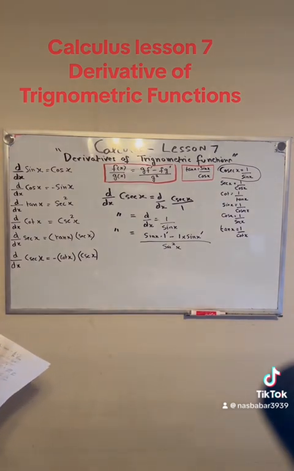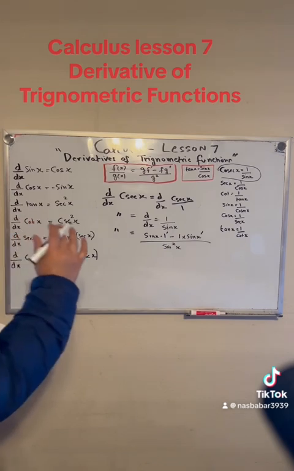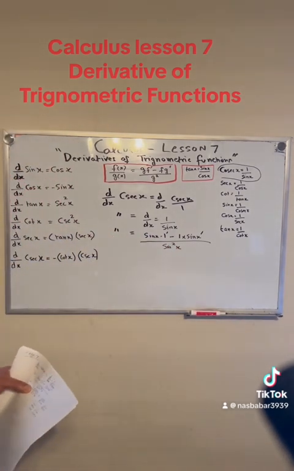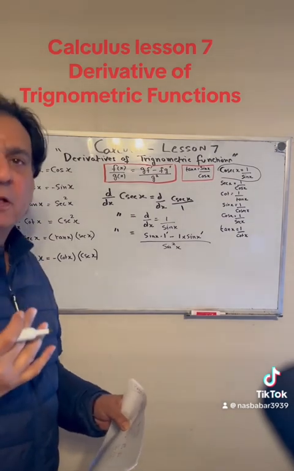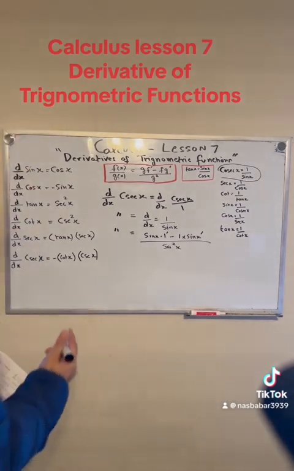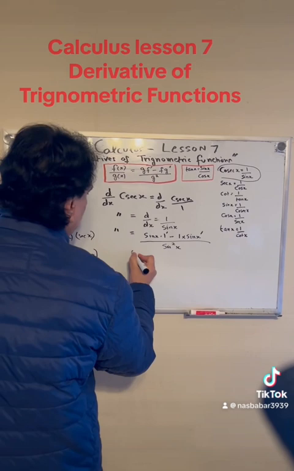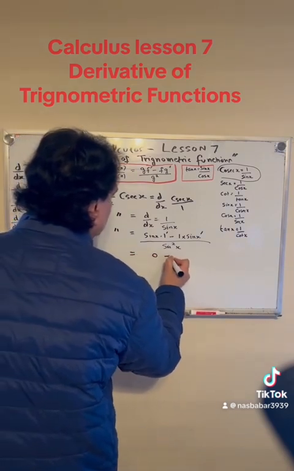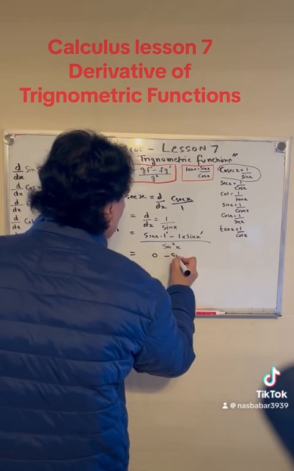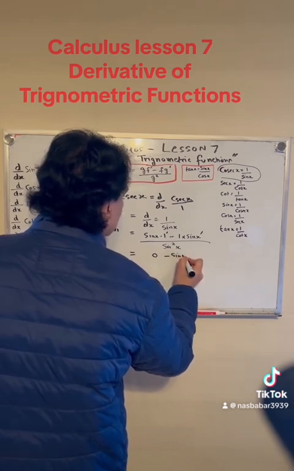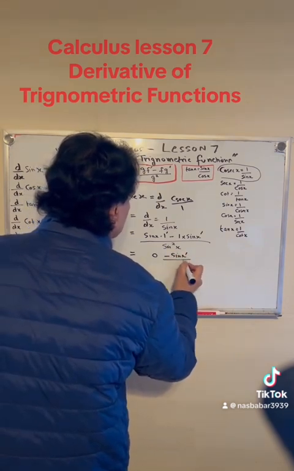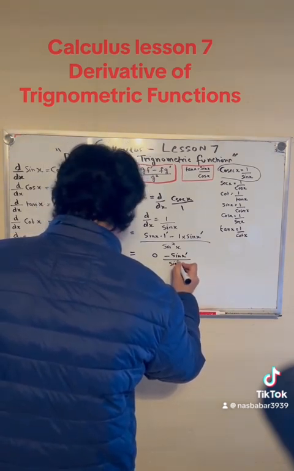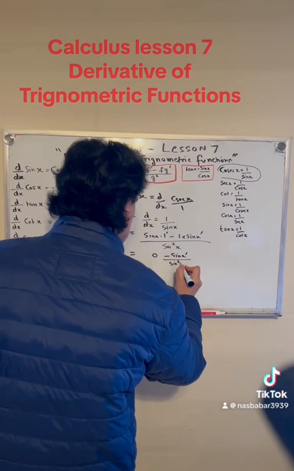All right, now what's the derivative of 1? Remember I told you in my last lecture, derivative of a constant is always 0. So then I get 0 minus sine x over sine square x.